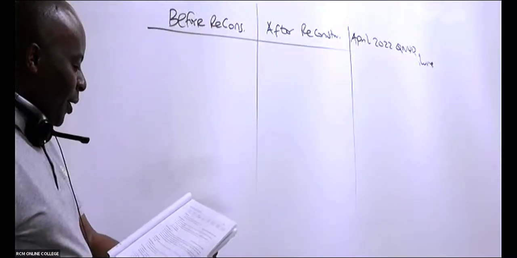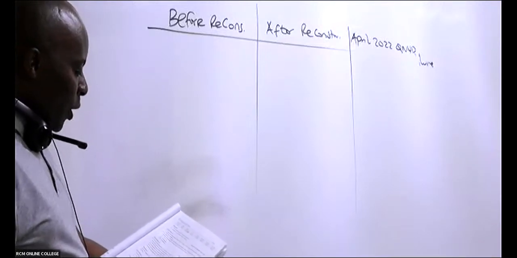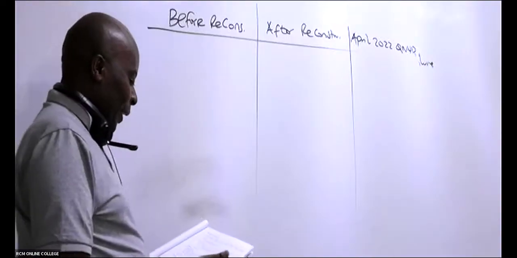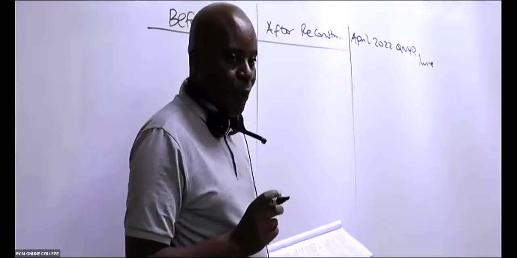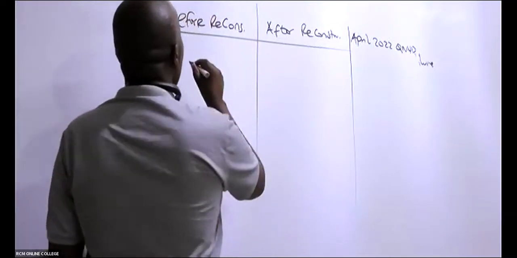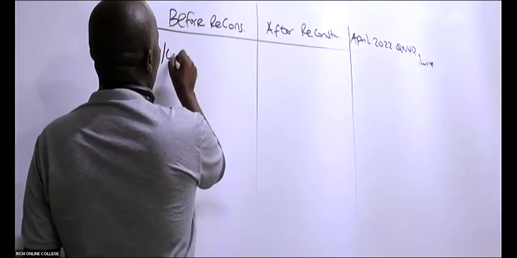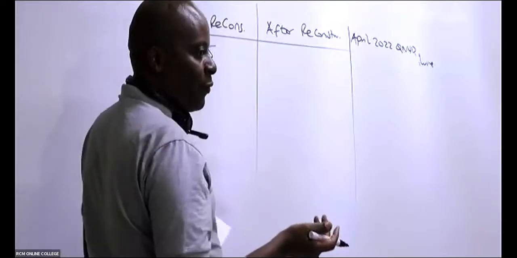So before reconstruction, what are we told there? Look at the last paragraph. There are only 2 paragraphs. The second paragraph is where they're giving us the debt to equity ratio. The old debt to equity ratio was 0.15.